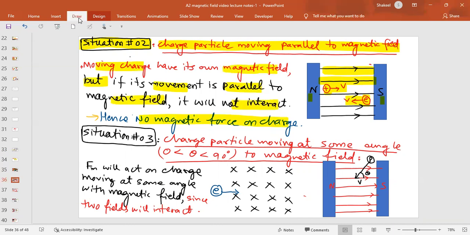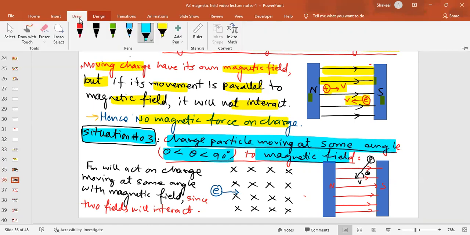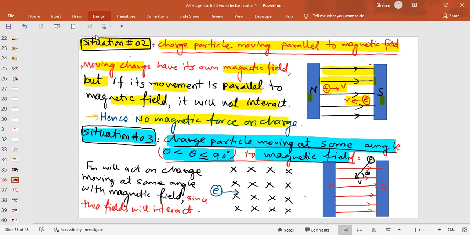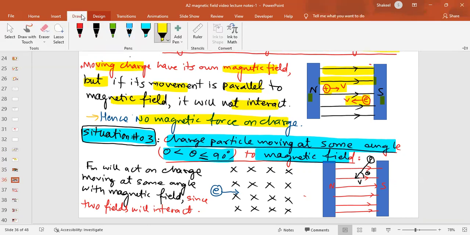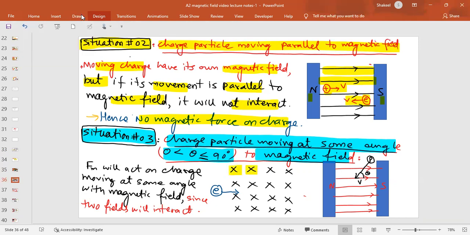Okay, now look at situation 3. Situation 3 is when the charged particle is moving at some angle, between 0 and 90 degrees, to the magnetic field. Well, it can be equal to 90. So what will happen then? Two diagrams are there. The first one has crosses, which means the magnetic field is pointing into the plane of the screen.